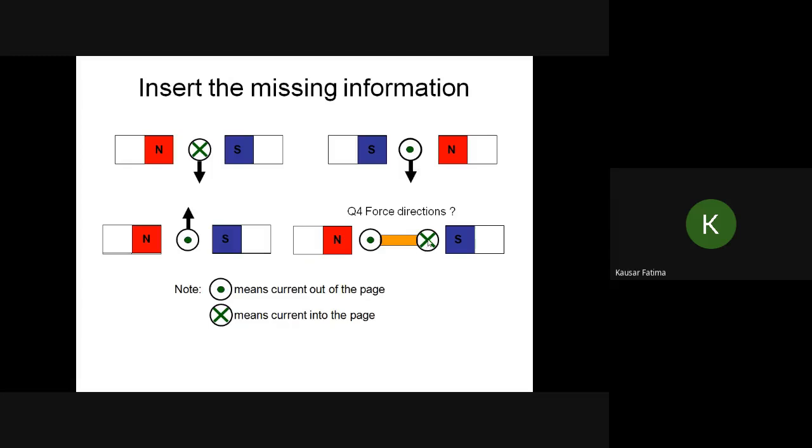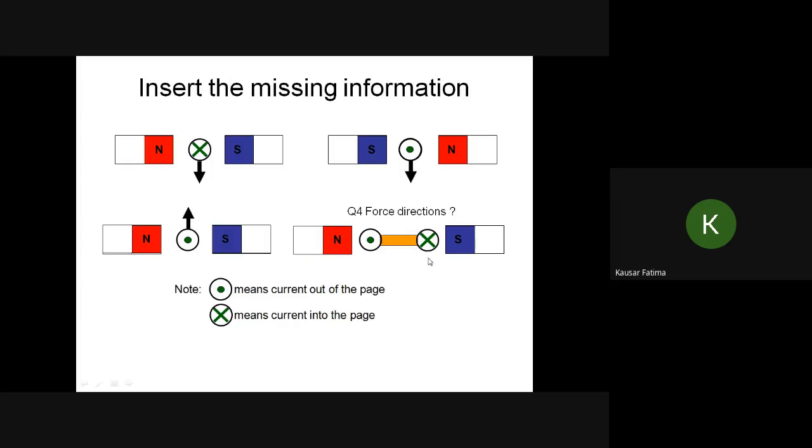So what is the direction of force on this cross side? So apply Fleming's left hand rule. Field from north to south, current into, so your first finger should point towards your right side and your second finger should point towards the laptop screen, thumb comes downwards.